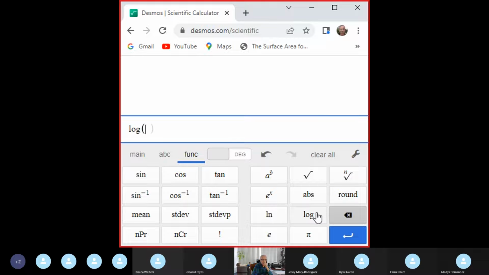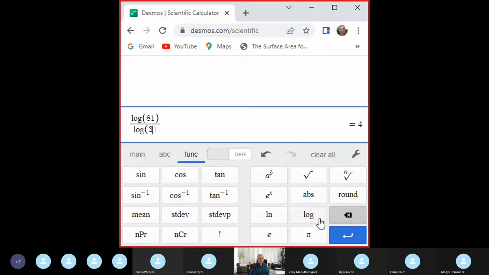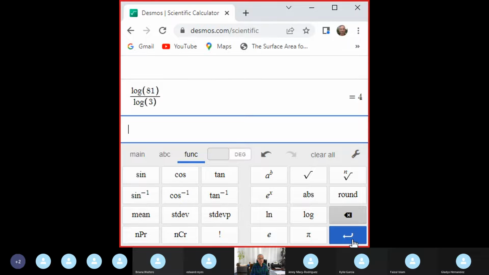Okay, you put log 81 divided by, outside the parentheses, of course, divided by division, log again of 3. Look at the answer, 4. Do you see?